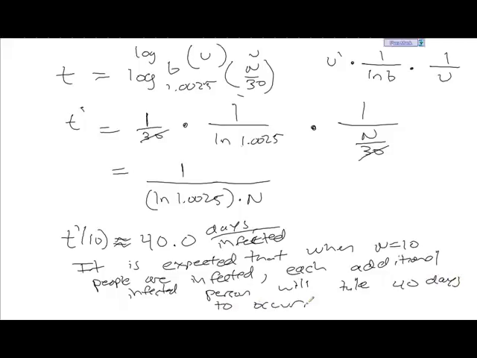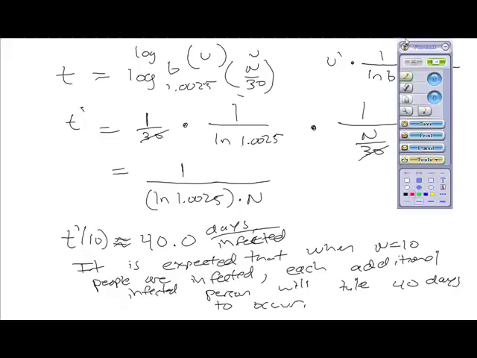I guess this could be better worded, but bottom line is that it's going to be 40 days for one more person to become infected when there are exactly 10 people infected. We would expect this to change a little bit. In other words, it'll probably become a shorter interval of time for another person to become infected, but because the spread hasn't taken place very quickly yet, we can assume that this will be a slow process.